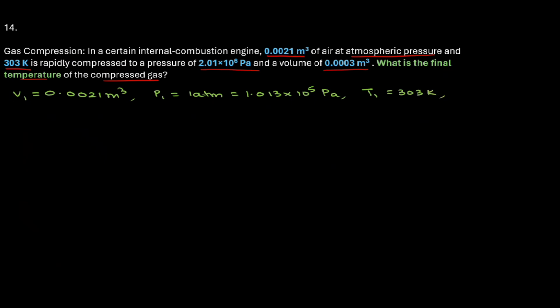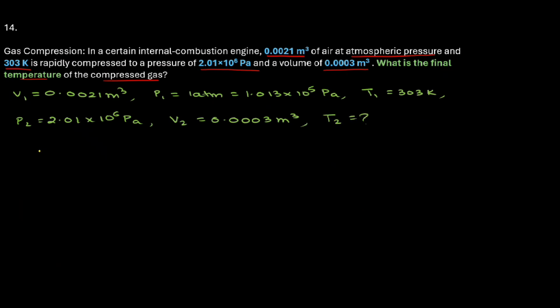Then it is rapidly compressed to a pressure of 2.01 times 10 to the power 6 Pascal, and the new volume is V2, which is 0.0003 meter cube. You need to find the final temperature, which is T2.